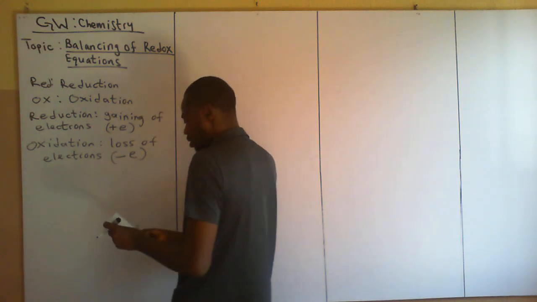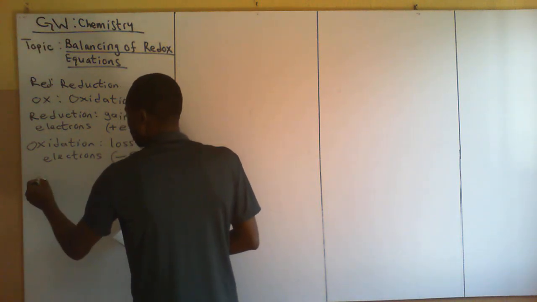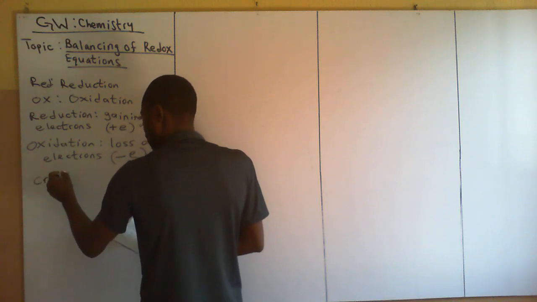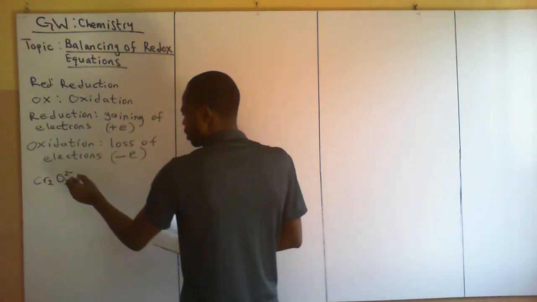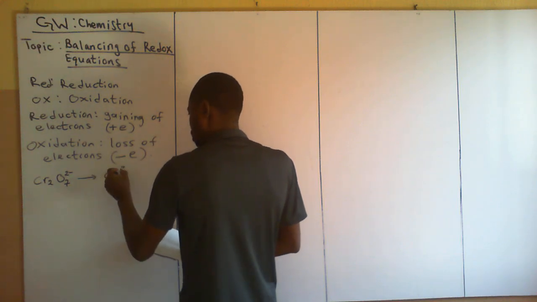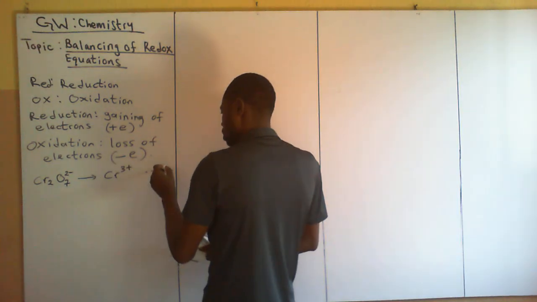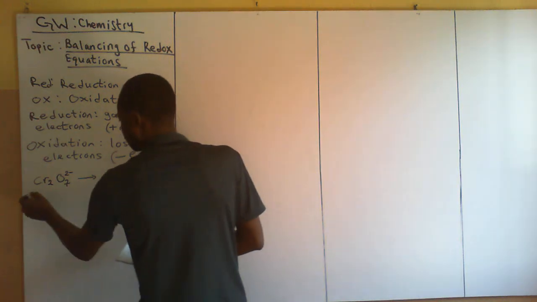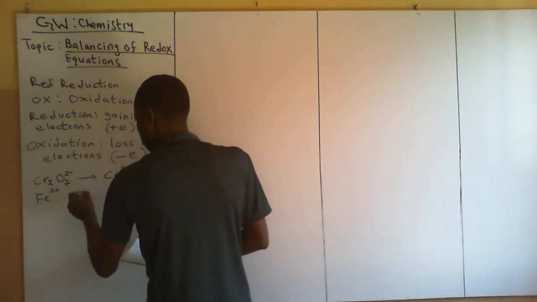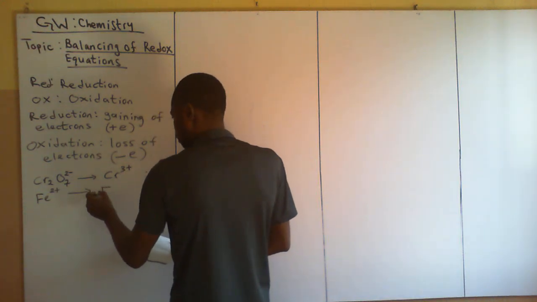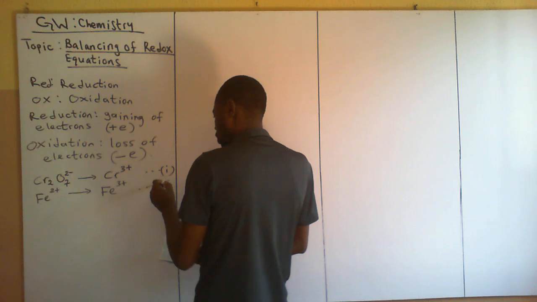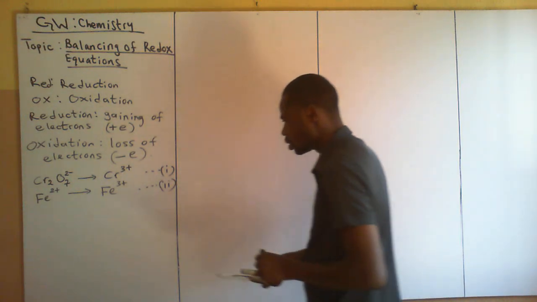Assuming we have this Cr2O7, equation 1, equation 2.